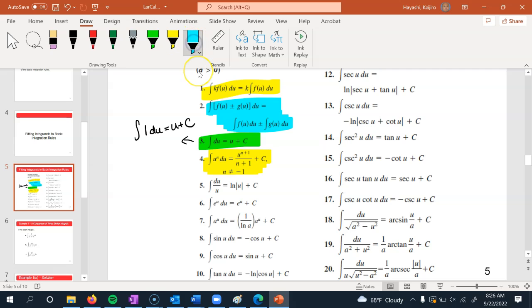And if you have that, then what you have is actually this. This is du over u, or you can also think of it as 1 over u du. And if you have that, and only if you have that specific power of u, then the integral of that is the natural log of the absolute value of whatever is on the bottom. This is a big one to remember.